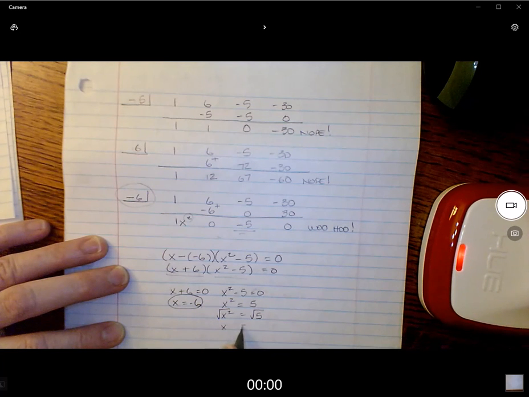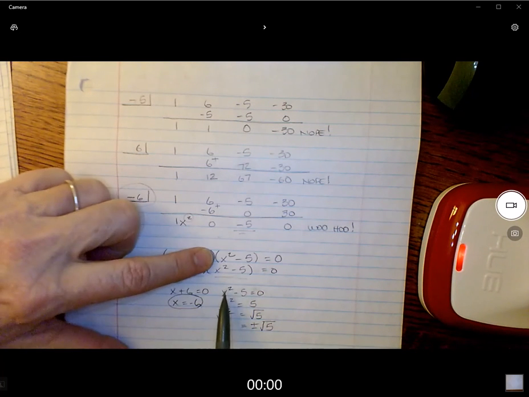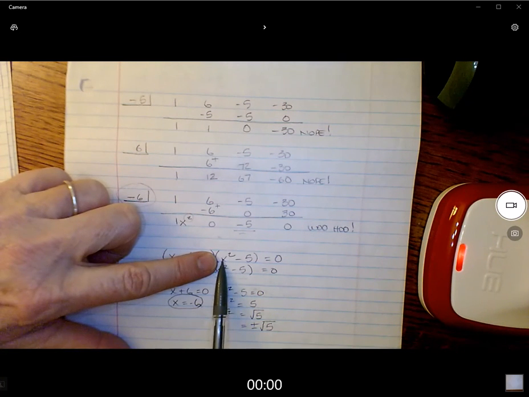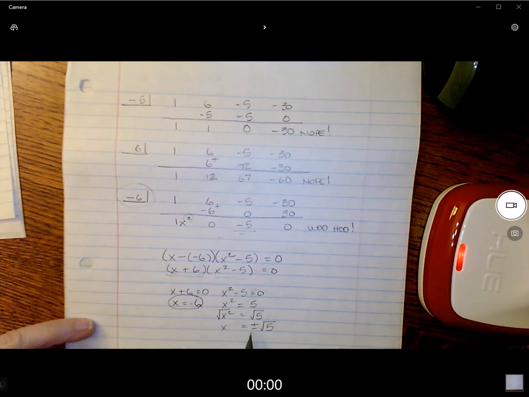And, of course, it's plus or minus the square root of 5, because we can have the root 5 squared is going to be 5, or negative root 5 times negative root 5 is also 5. So that's why the plus or minus.